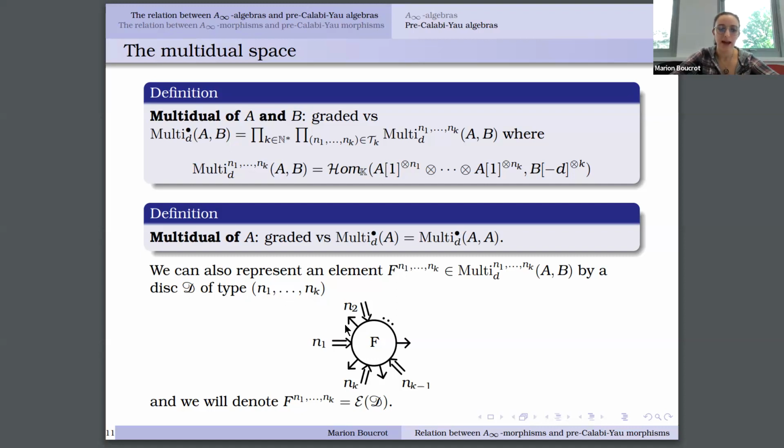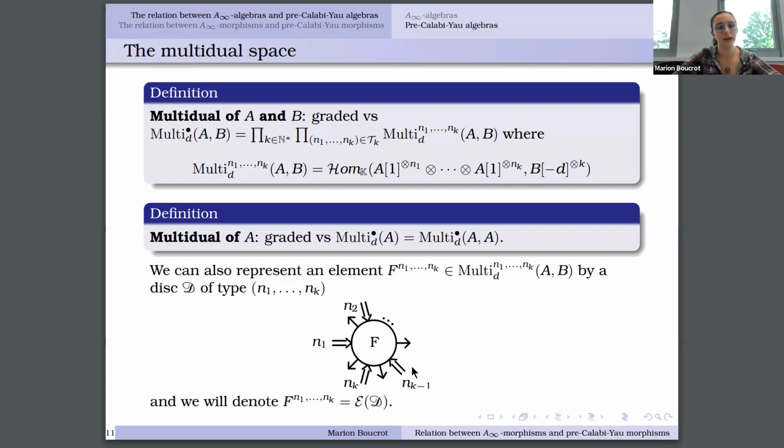If we have here n1 consecutive incoming arrows, then we have an output separating the second group of inputs, and here we have n2 incoming arrows, etc. So this disk represents this element, and we'll say in some sense that F n1 to nk is this disk. We will really make this correspondence between the maps and the disks.